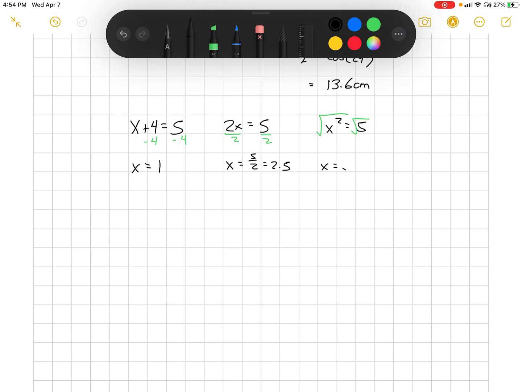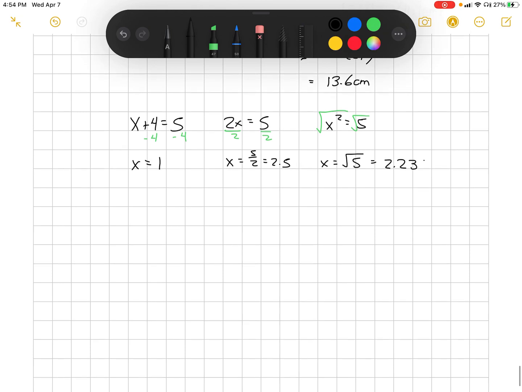So x then is the square root of 5, or 2.236, on and on and on. Notice that for each of these mathematical operations, addition, multiplication, exponents, I am doing an inverse operation to cancel it. So I'm subtracting to cancel an addition, dividing to cancel a multiplication, square rooting to get rid of a square, cube root to get rid of a cube.